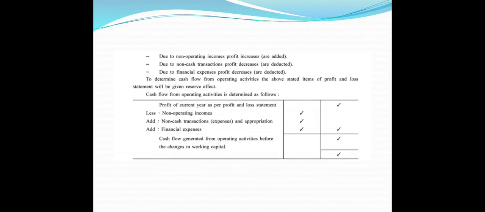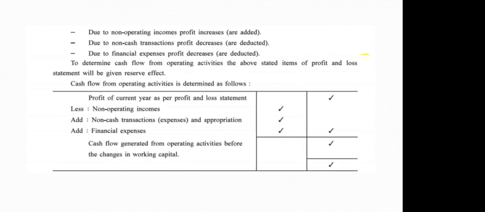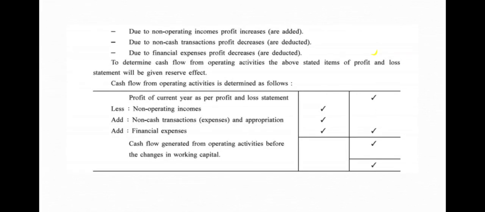Now, let us talk about all these three: non-operating incomes, non-cash transactions and financial expenses. Due to non-operating incomes, profit increases, so they are added. Due to non-cash transactions, profit decreases, so they are deducted.